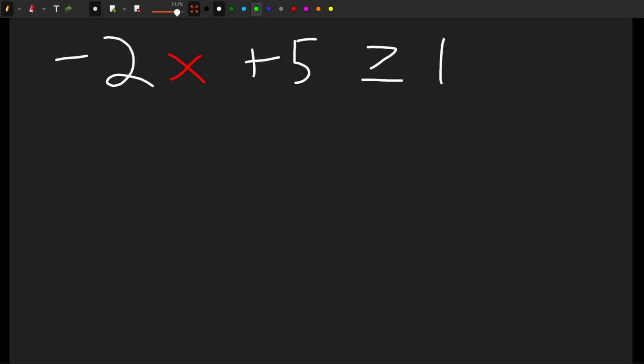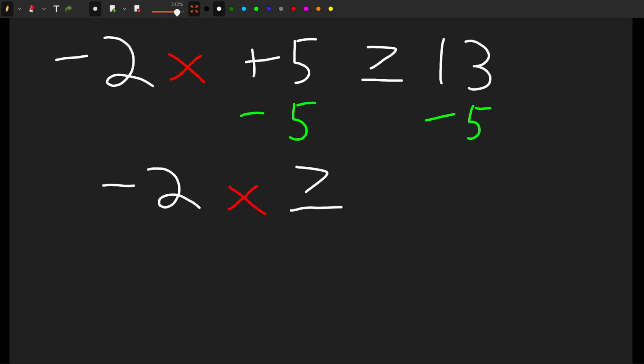Suppose I have negative 2x plus 5 is greater than or equal to 13. What I'm going to do first is subtract 5, what we normally do. I'm going to get negative 2x is greater than or equal to 8.